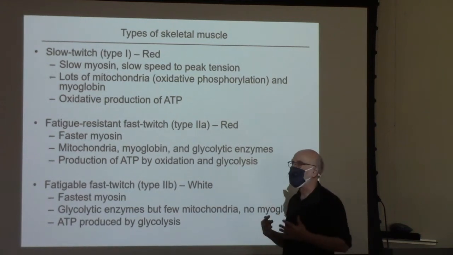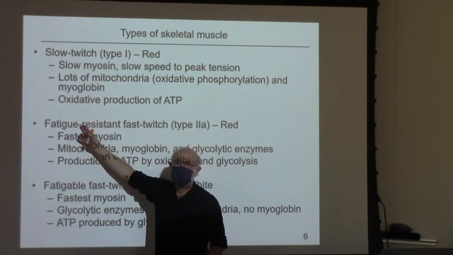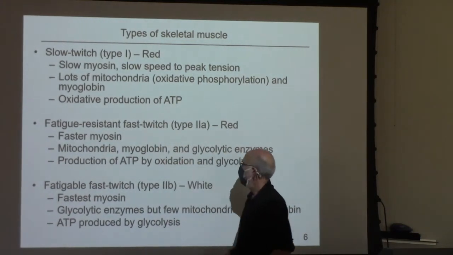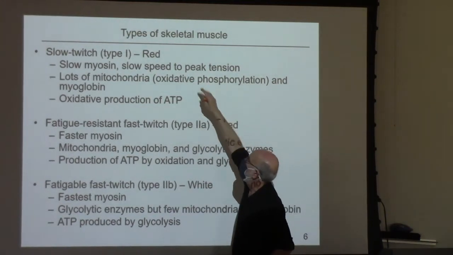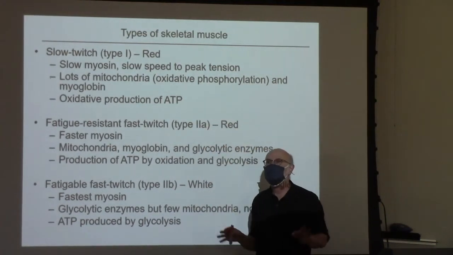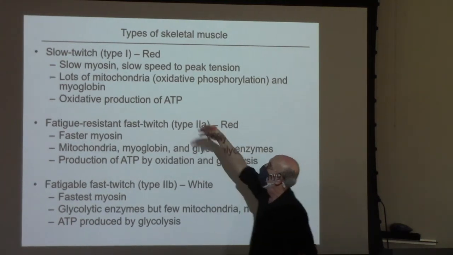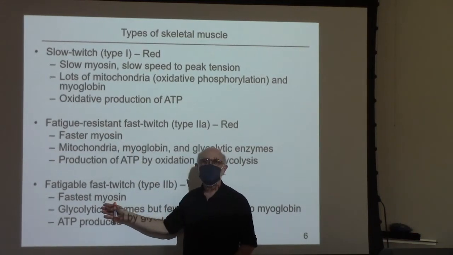So they can maintain ATP, so they are fatigue resistant. But they're fast. If you want to learn the names type 1, type 2A, and 2B, that's fine with me. But I think the descriptive names are more useful. Slow, fatigue-resistant fast, fatigable fast.